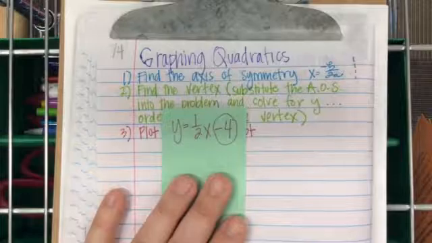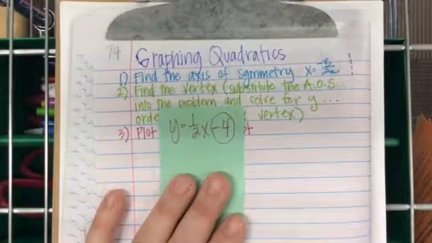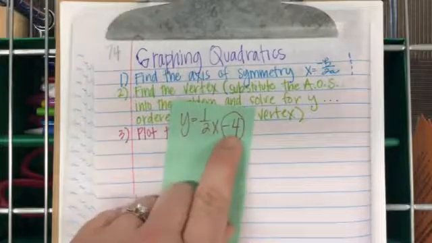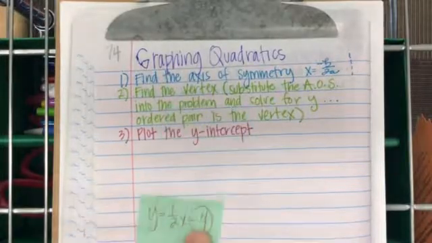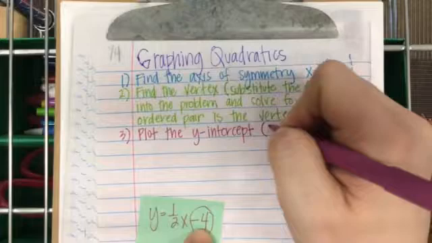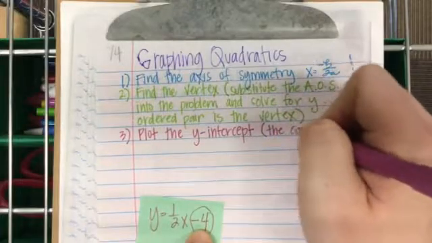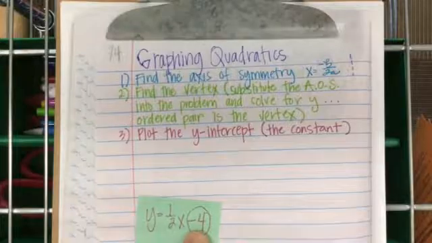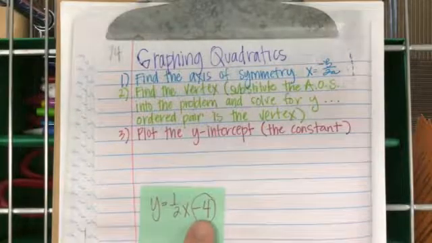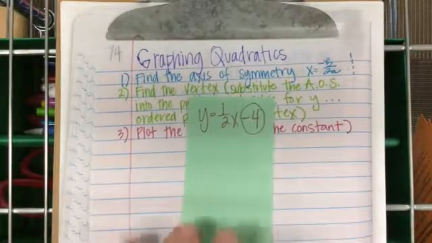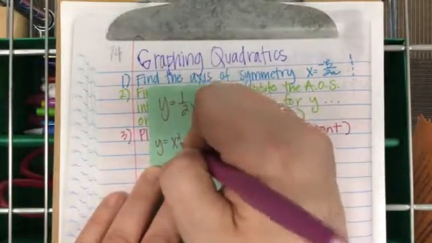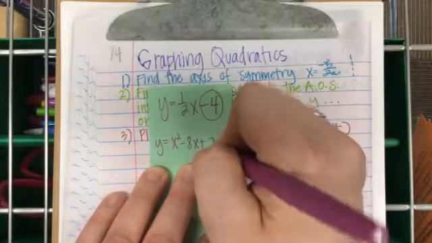In a quadratic, there's a y-intercept. Ladies and gentlemen, the y-intercept is always your constant. So in the quadratic, y equals x squared minus 8x plus 2.